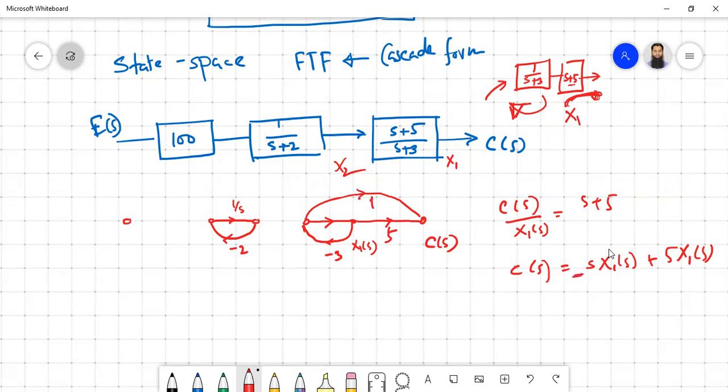So we connect them with gain 1, and also from the input R(s), it goes with a magnitude of 100.